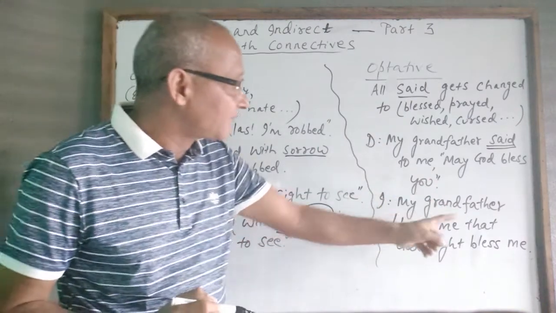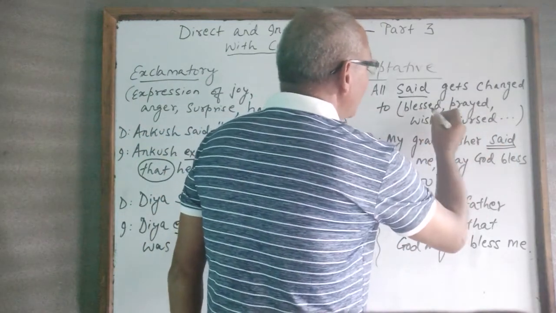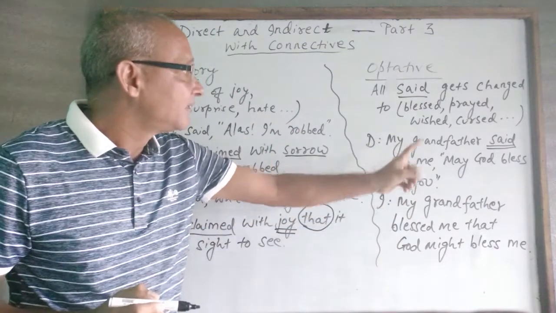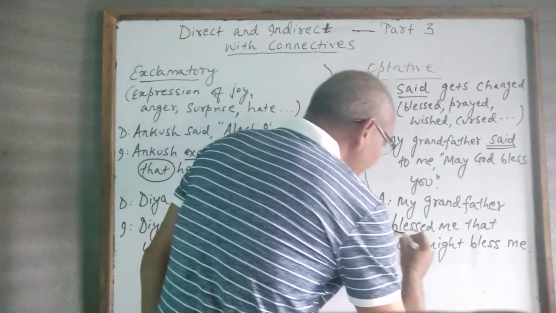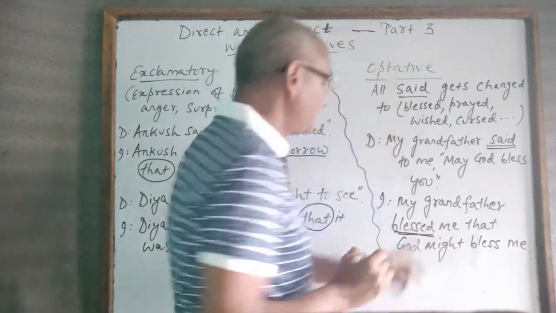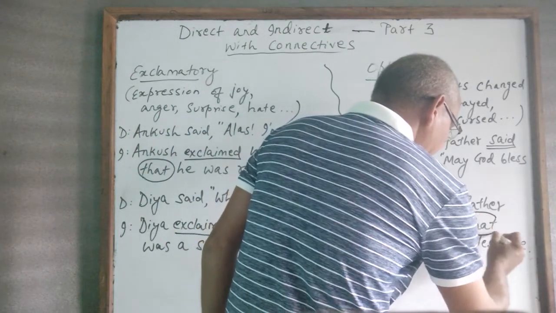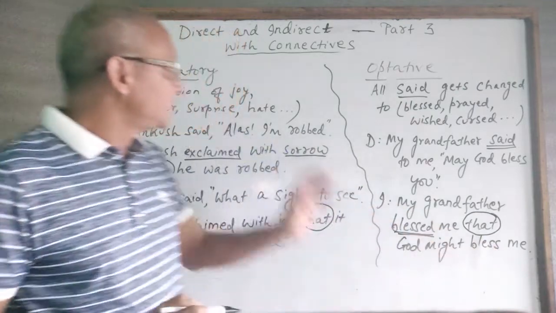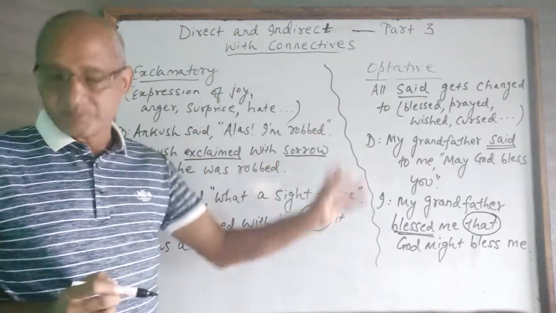So instead of said, it gets changed to blessed in accordance to the sentence. Here it's a blessing. May God bless you is a blessing. So we use blessed. My grandfather blessed me that God might bless me. So this is how we bring the difference between exclamatory and optative.